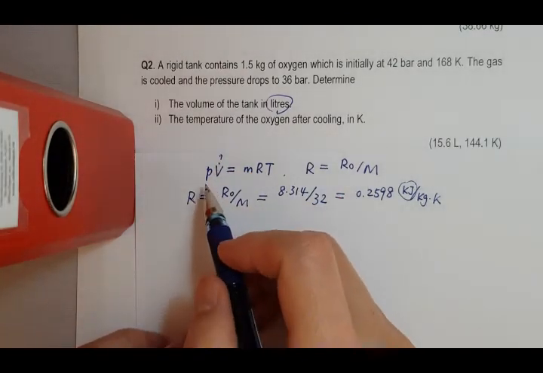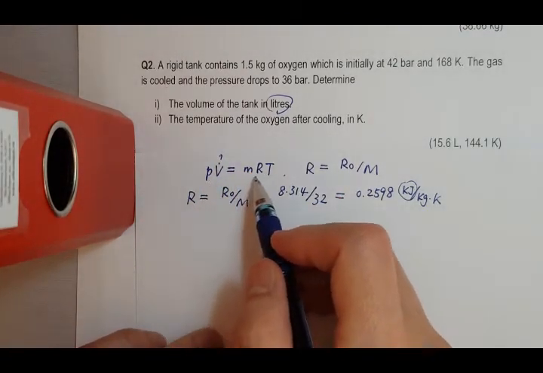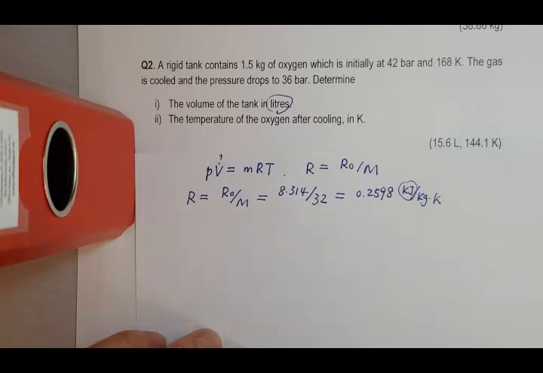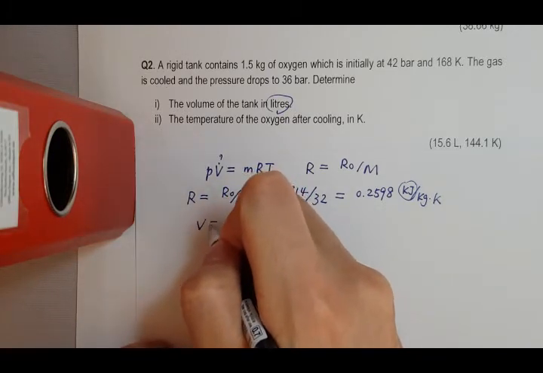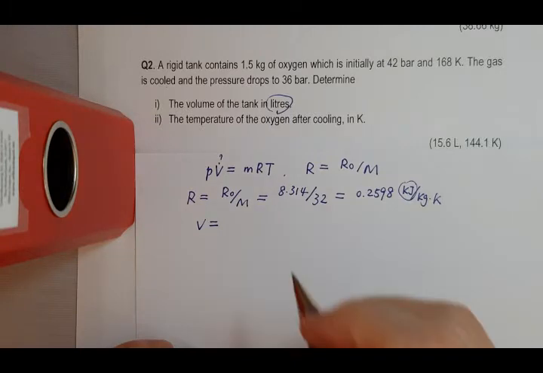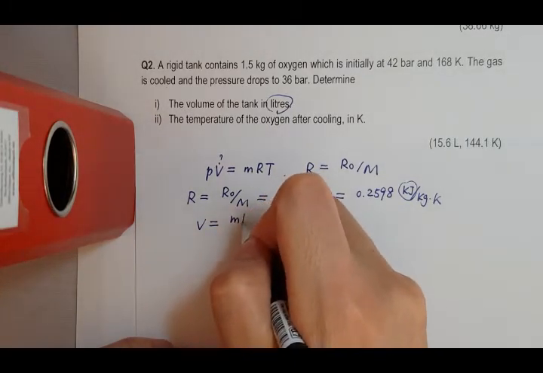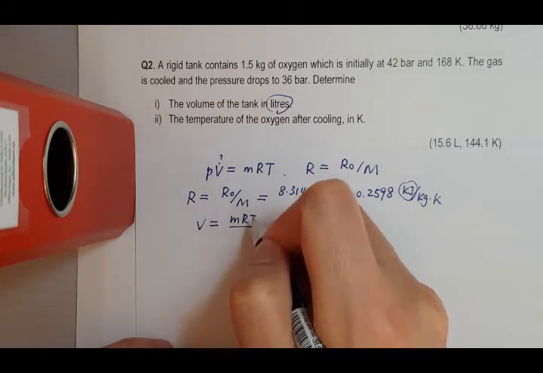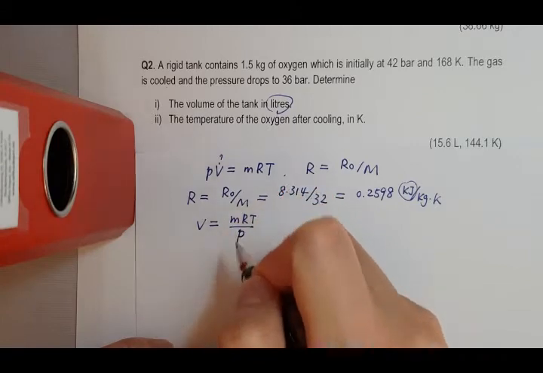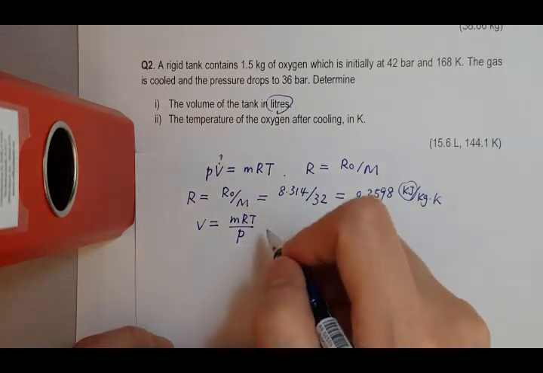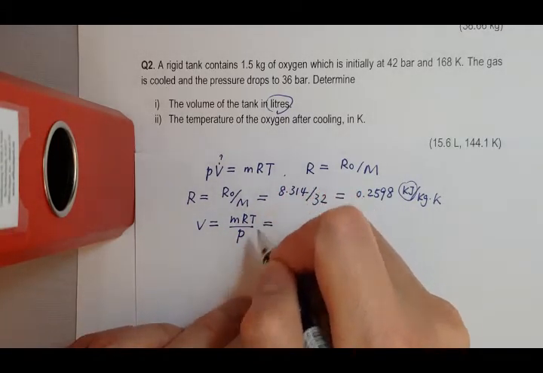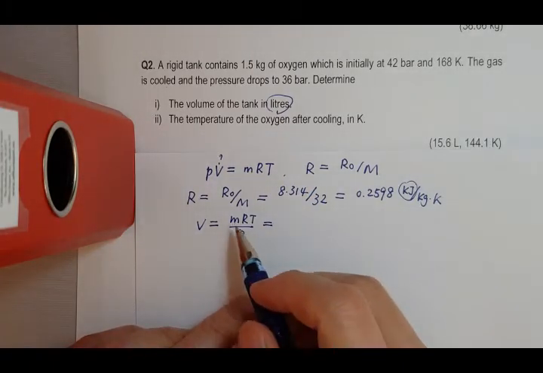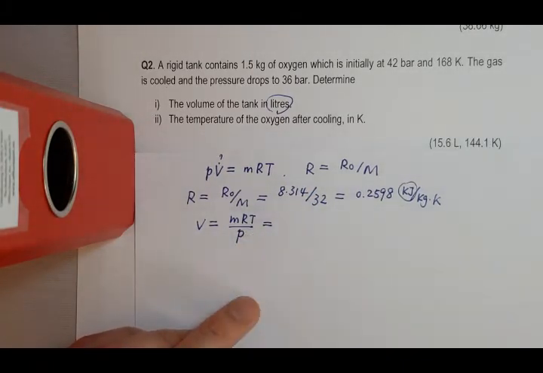If I divide by P on both sides, we get the volume, which is equal to MRT divided by P. Now we can input all the figures of these variables and convert them to SI-based units at the same time.